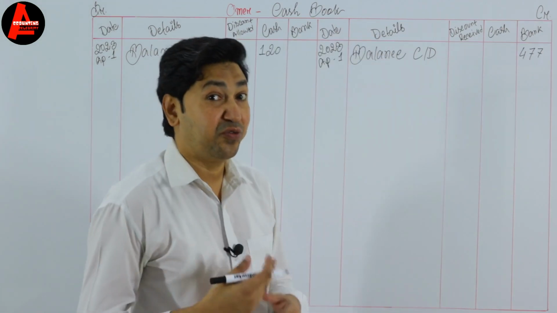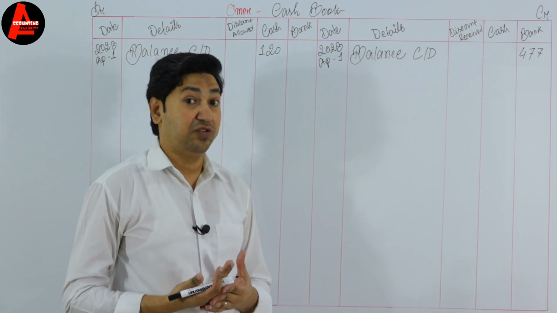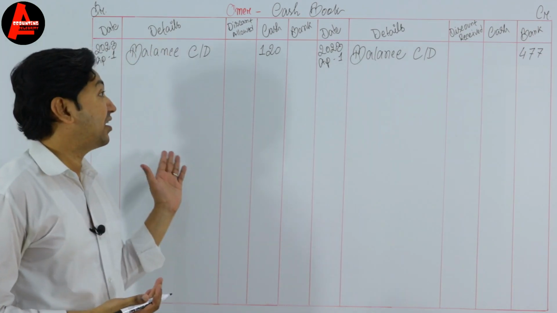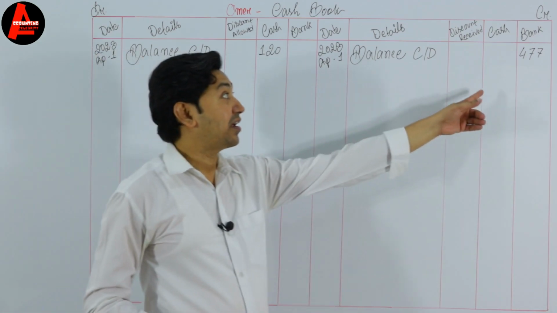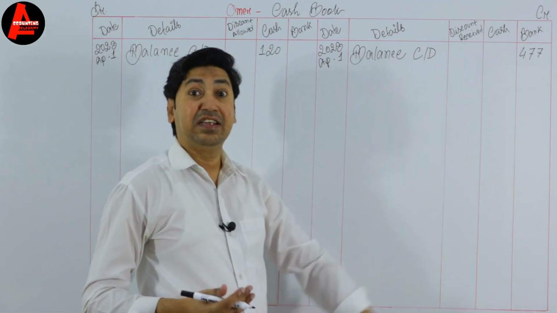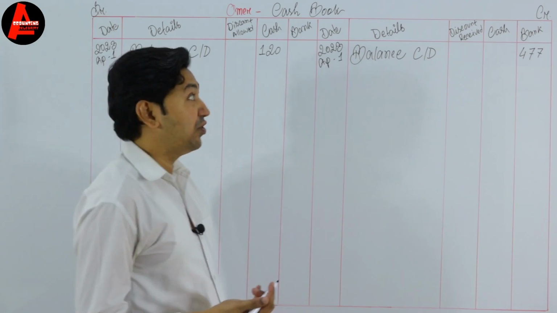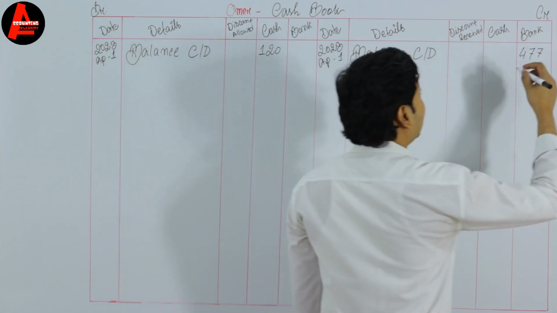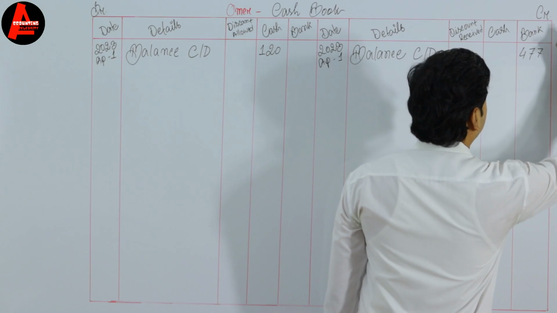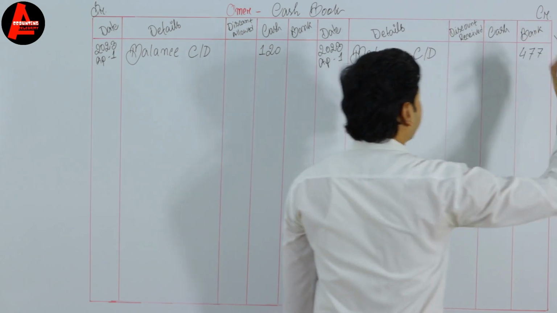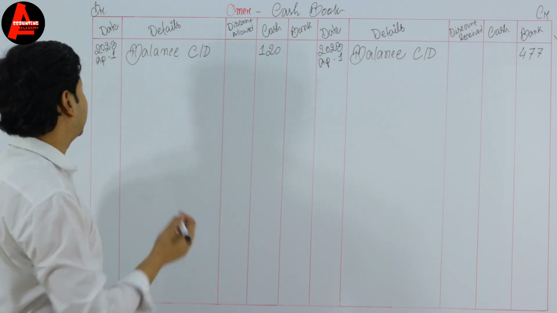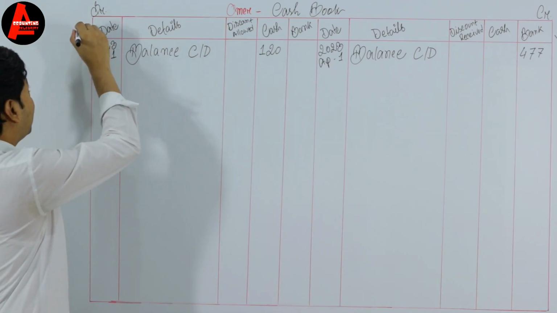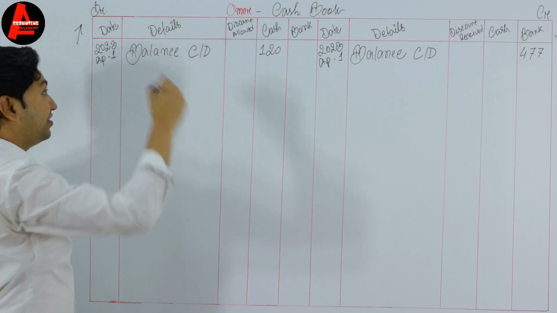So what is the journal? How will we record it, on the debit side or the credit side? Remember, if bank or cash decreases, we record on the credit side. If the cash or bank balance increases, we record on the debit side.